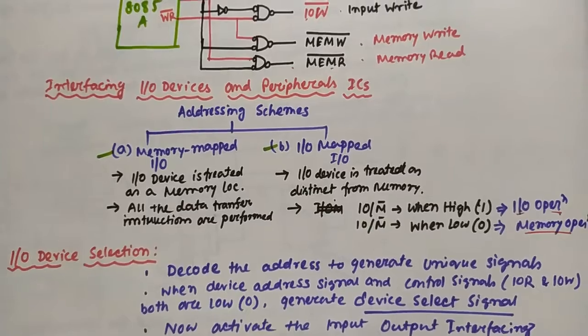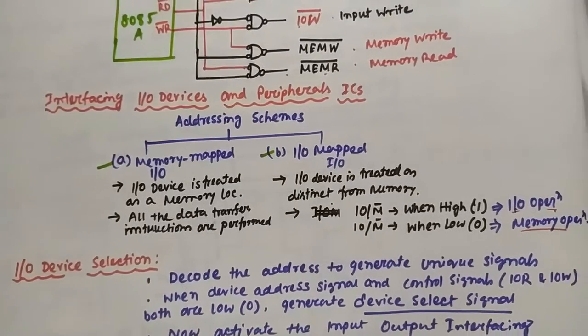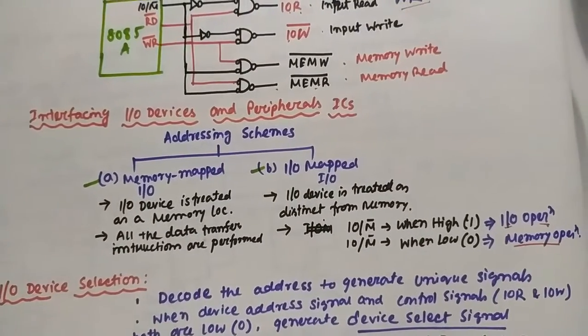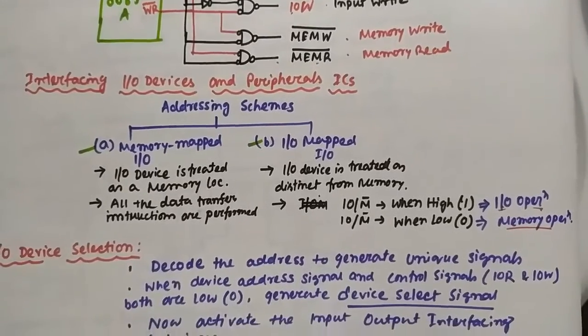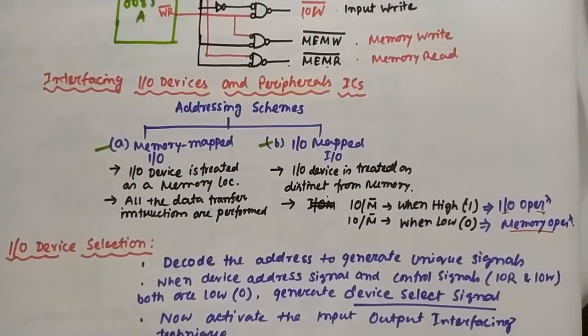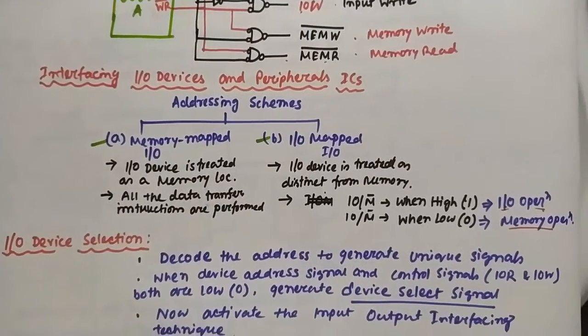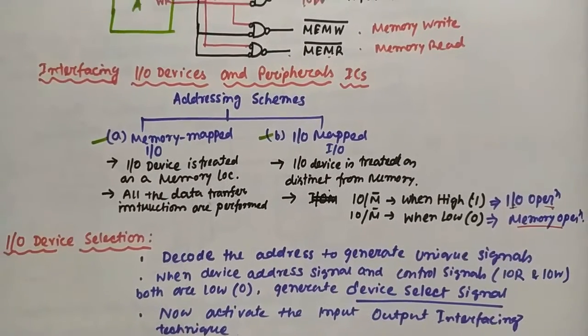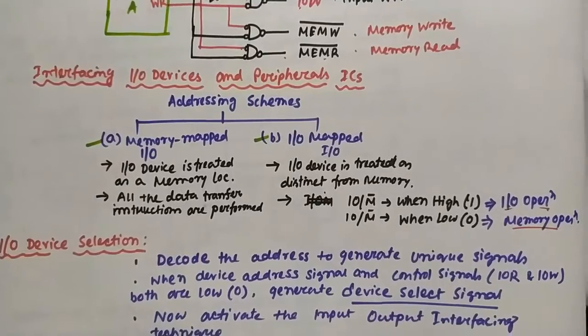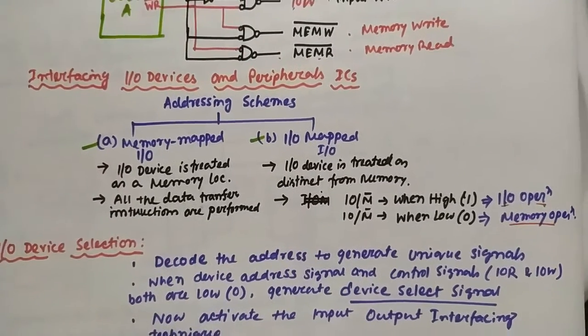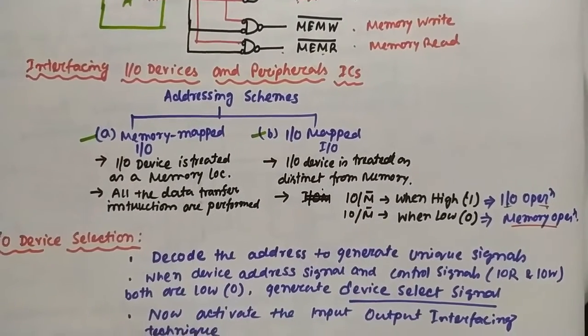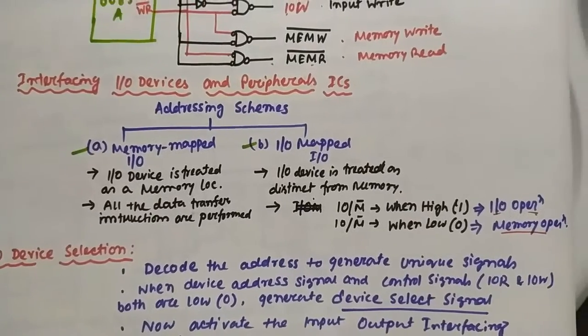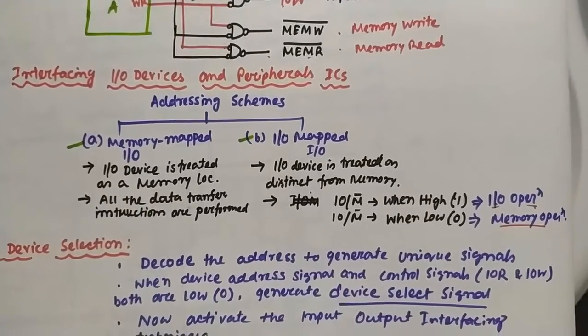Now the point is IO device selection. This is the most important part of interfacing. In the case of device selection you have to follow 3 parts. First, you have to decode the address to generate a unique signal for selecting the actual port or the device.